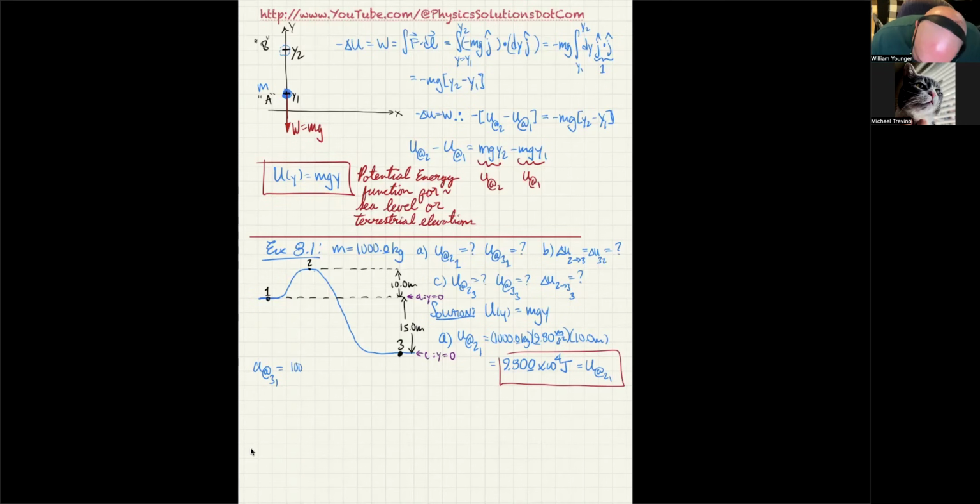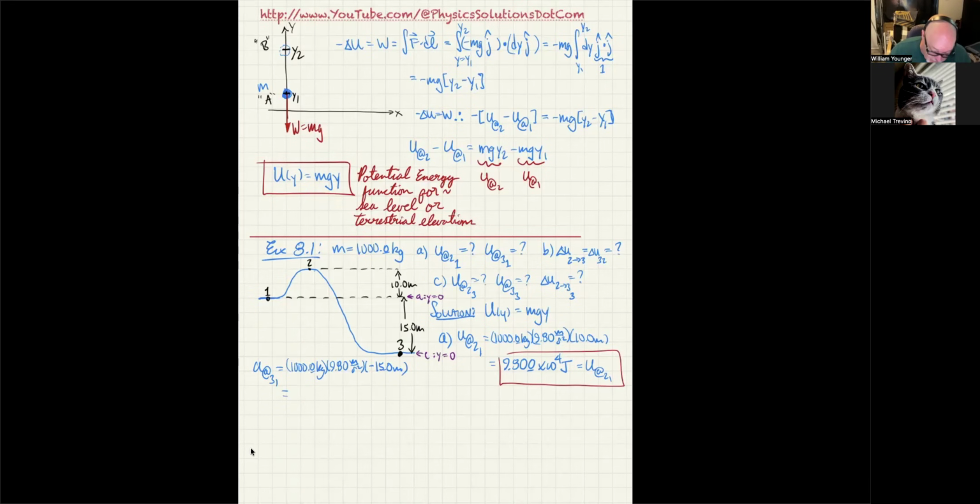That's going to be 1,000 kilograms times 9.80 meters per second squared. Now the height from 1 up to 3 is in fact a negative, so it's going to be negative 15.0 meters, like that.